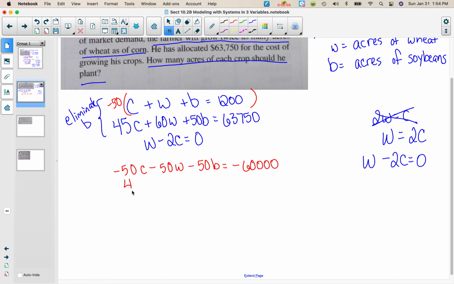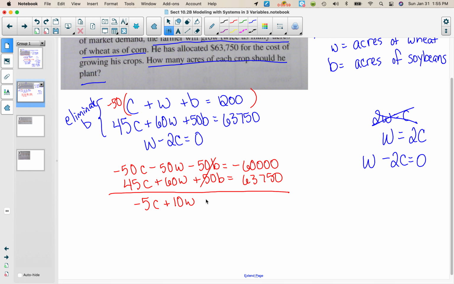And our other one. Then when I combine these and the B's drop out, I get negative 5C plus 10W equals 3,750. I'm going to combine that with my other equation, W minus 2C equals 0.